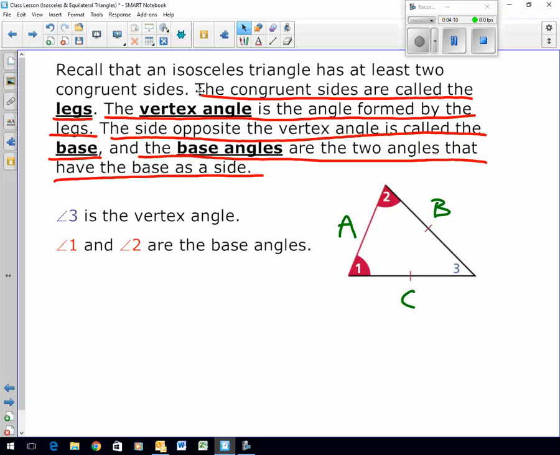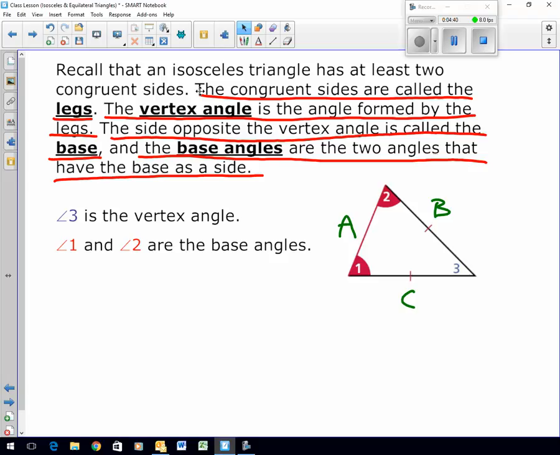The legs. The other side is called the base. Remember this vocab from last week? Is side A included or excluded between the base angles? Included. You guys remember angle, side, angle? Where the side was included between two congruent angles.